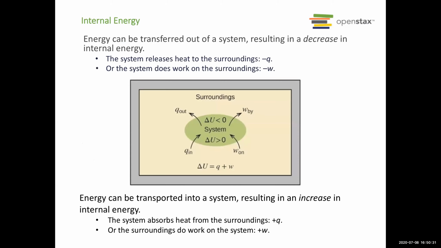This slide is a schematic, or a visual representation, of the change in internal energy. It illustrates the heat and work flow into and out of the system. If the heat and work go out of the system, the sign would be a minus Q for heat, minus W for work. If it goes into the system, the signs would be positive.